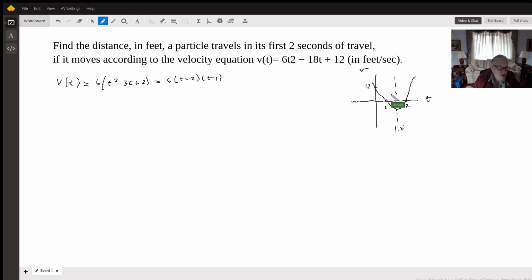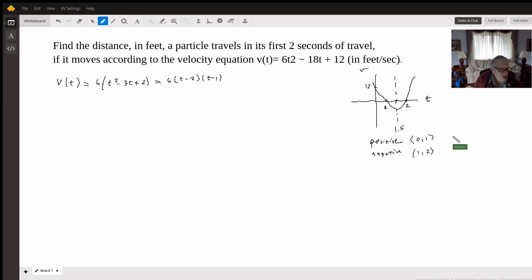But what we're interested in knowing here is when velocity is positive and when velocity is negative. You can see it's going to be positive between 0 and 1, and velocity is going to be negative between 1 and 2.